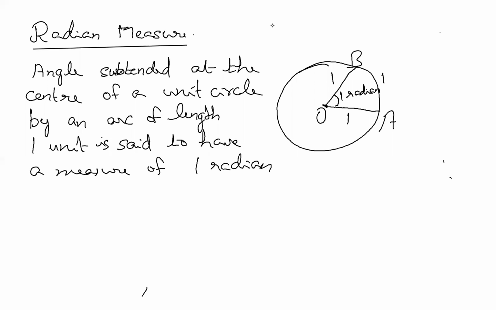So we will consider a unit circle and take an angle subtended by an arc of length 1 unit. So these three are 1 unit. This is 1, this part is 1, even this is 1 and this part is also 1, and this is the 1 unit.